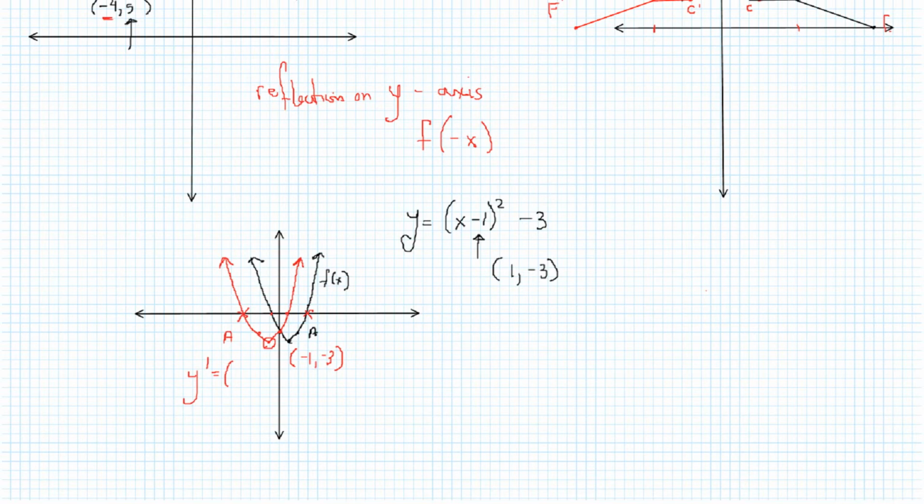So as I was saying, we're writing the equation here. Because we're to the left, this becomes x plus 1 squared, and we're still down 3.